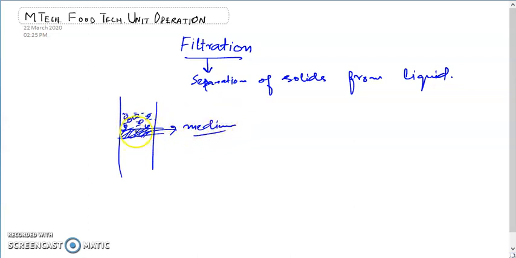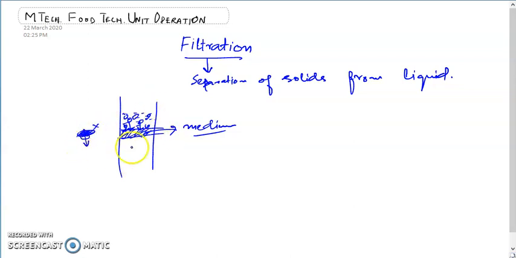This filter medium will act as a barrier and will not allow the solid particles, or simply you can say the particles having bigger size than the pore size present in this medium, to pass through. They will be held back.